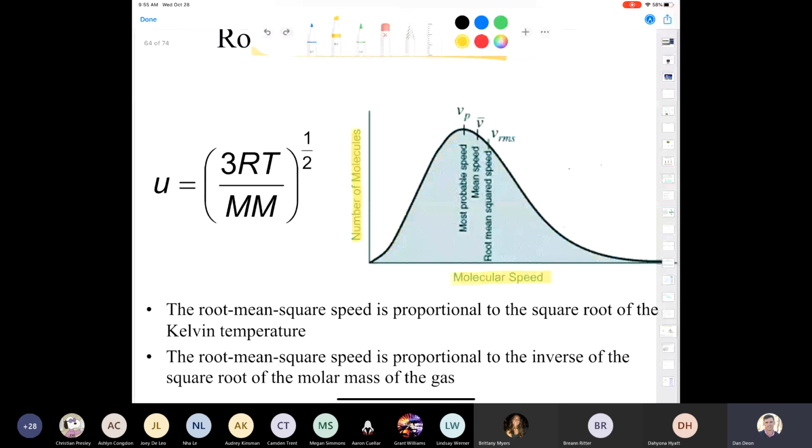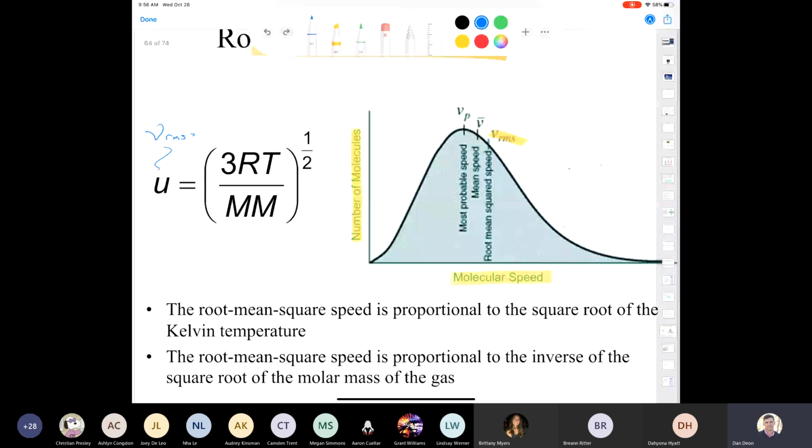You can also see that on the top, I have three speeds that we're interested in this class. You have the top of the curve, the highest point of that curve, that's the most probable speed. To the right of that, you have the mean speed, the average of all the speeds tallied up. And then to the right of that, you have what's called the root mean square speed, which is the same thing as this u that I have here.